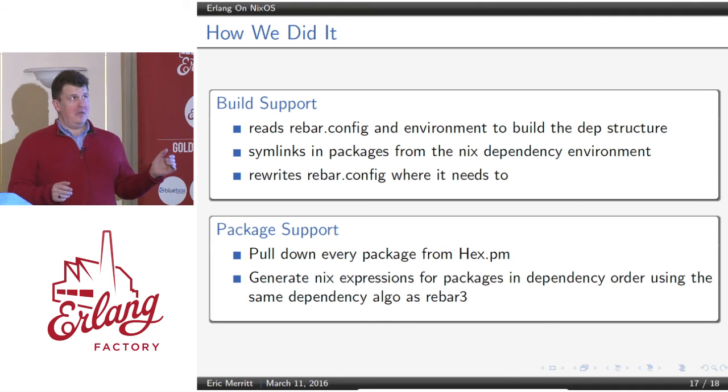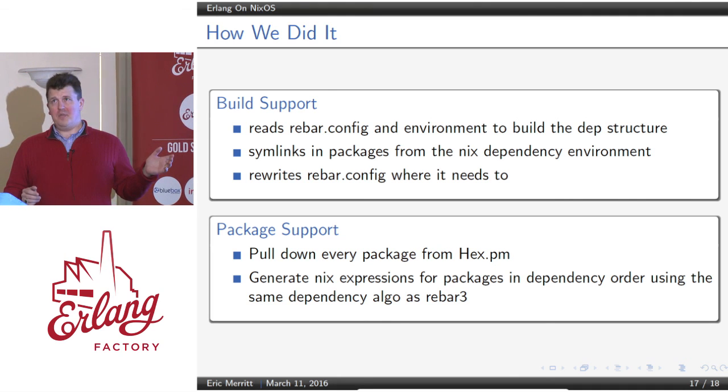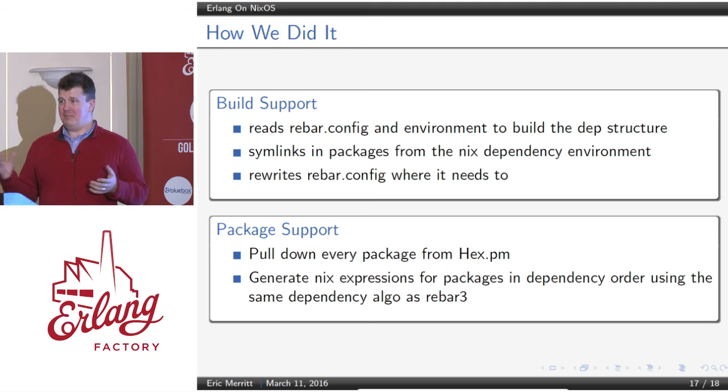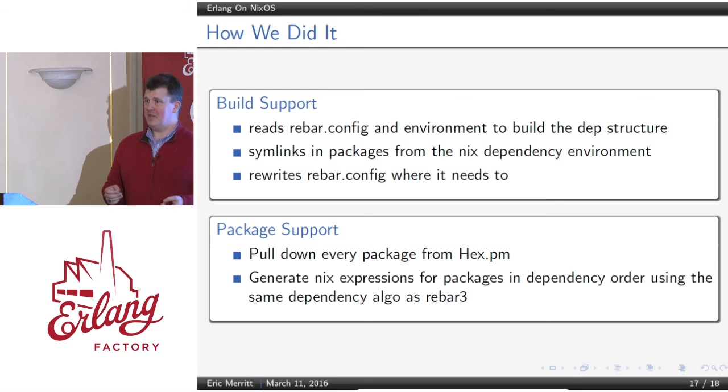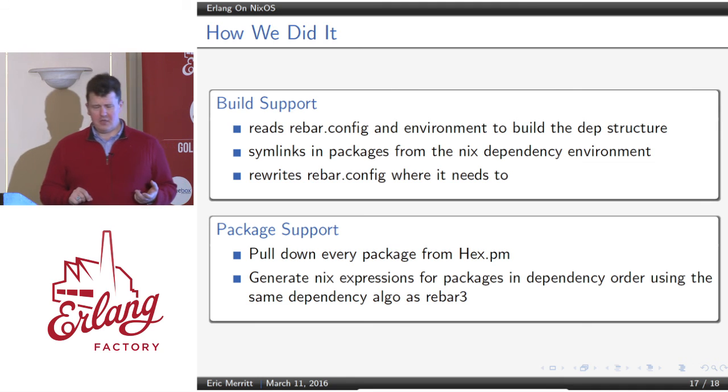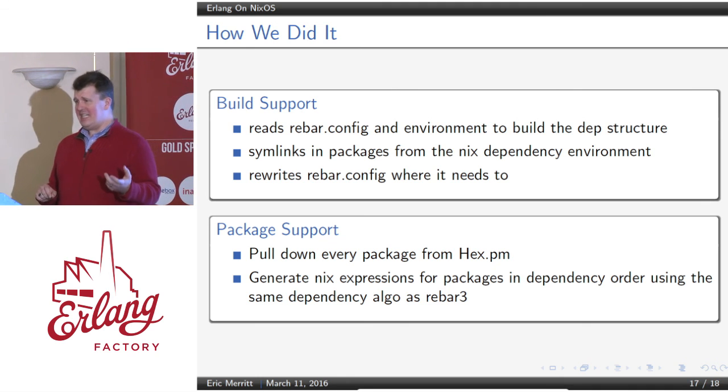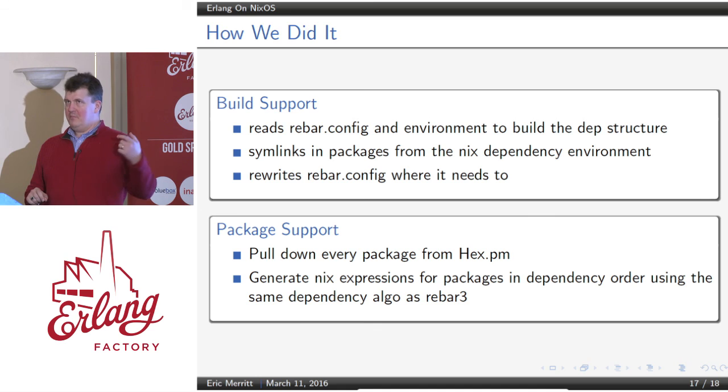One of the really important parts of Nix is hermetic builds, basically builds that do not reach out to the network and pull and change during the build process. And in the various build servers, they actually make sure that doesn't happen by using things like chroot environments and those kinds of things. So we had to make it hermetic. So we wrote a little tool called Rebar 3 Nix Bootstrap, which is actually an escript that the Rebar 3 derivation goes out and runs previous to actually calling Rebar 3.